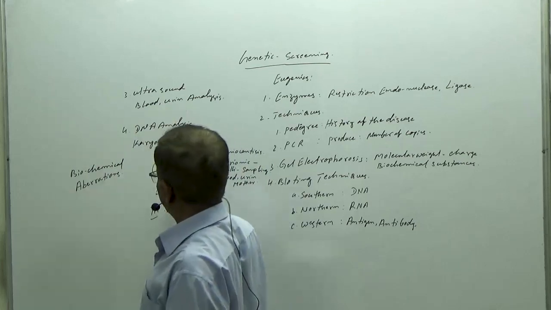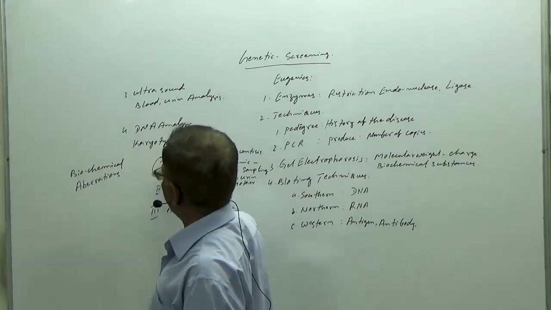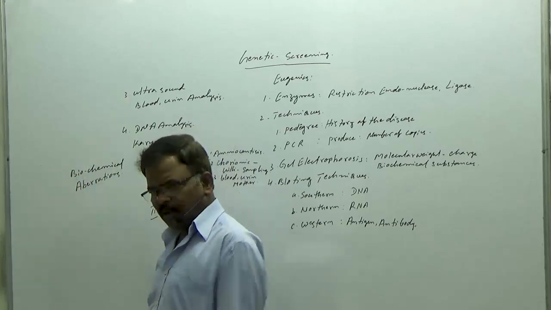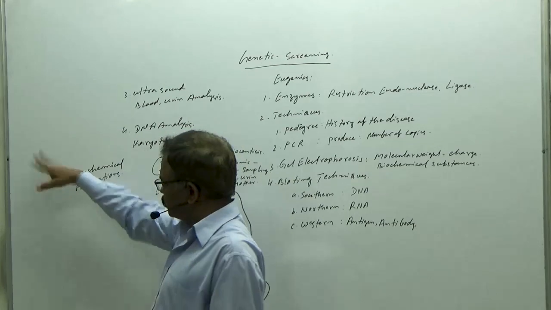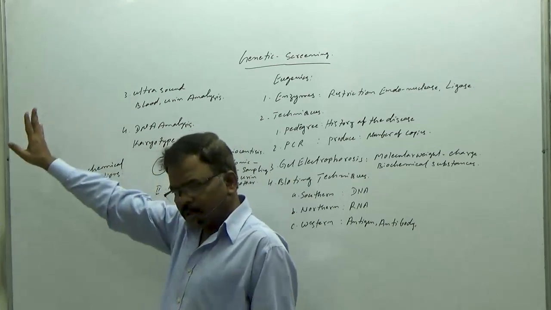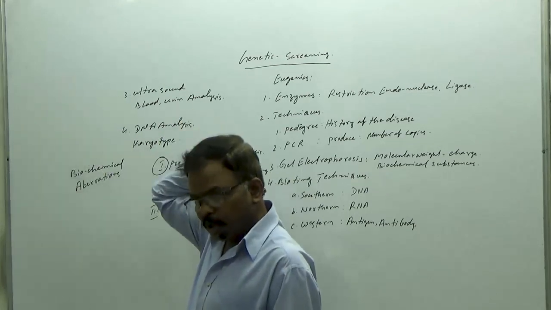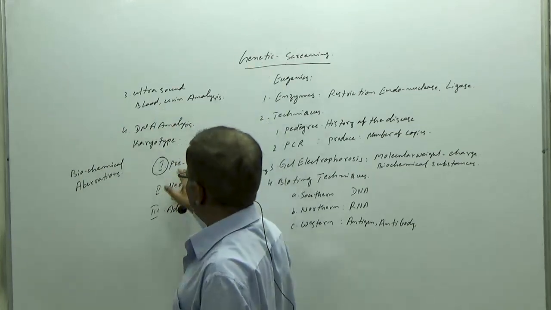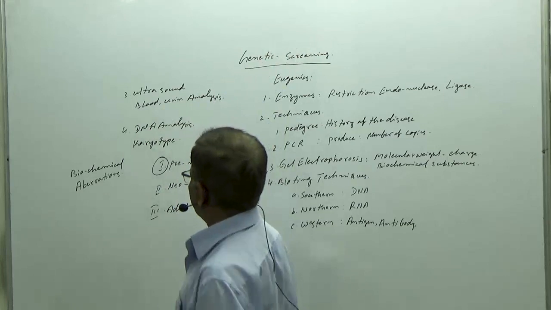If doctors identify these aberrations in the karyotype, then they can suggest. If you want to go for abortion, go for it. Otherwise, that decision is left to the sufferers only, that means the counselee only, not the counselor.